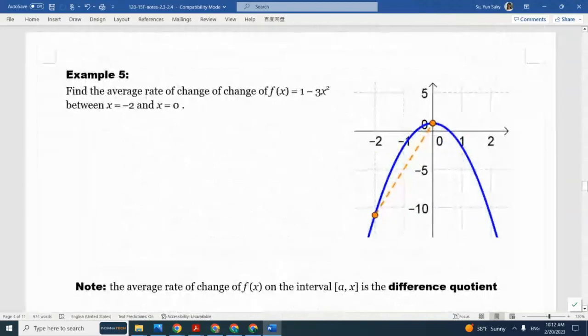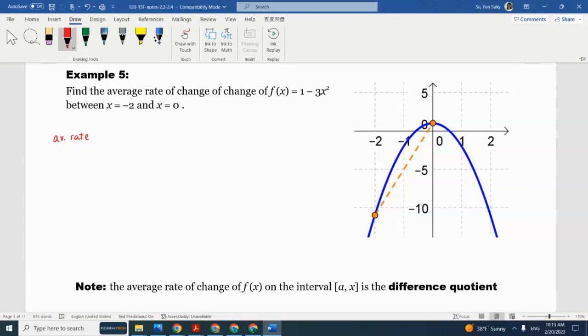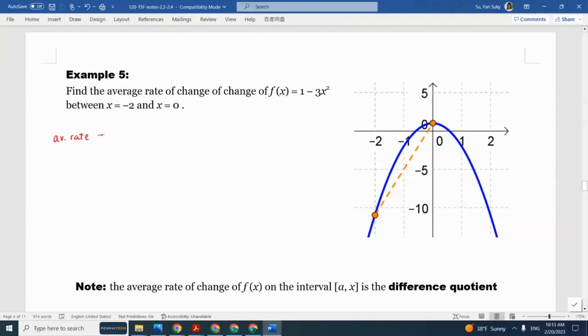Now, example 5. Find the average rate of change of the function 1 minus 3x squared between x equals -2 and x equals 0. Okay, let's get back our orange color. This is change of y over change of x.